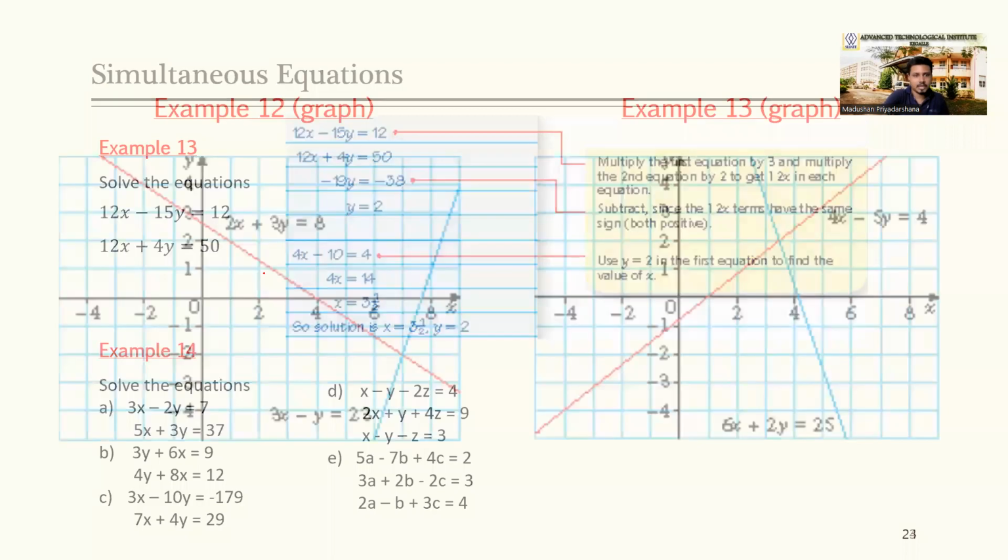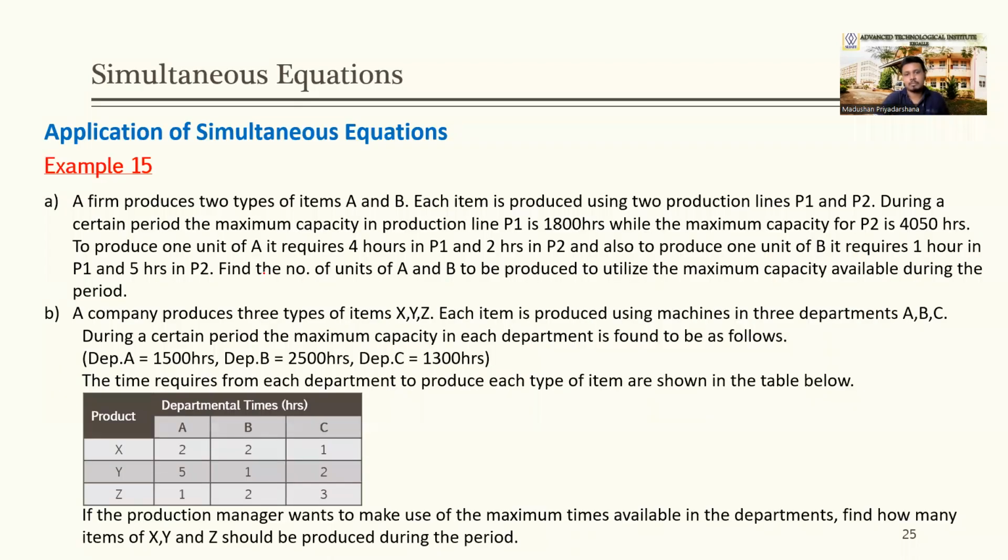If it is something like example number 15 here, regarding the application of simultaneous equations, it means that based on the given information you need to build up certain equations and then solve them. Then there is no need to go through the procedure.